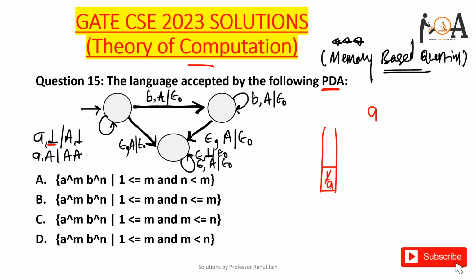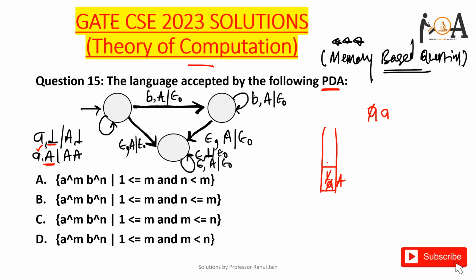Thereafter, you can see that we can replace this a. As many times as a can appear, if the top of stack is a, we can replace it with capital A. Now if the top of stack is a and I have one more a, then I can add this a.